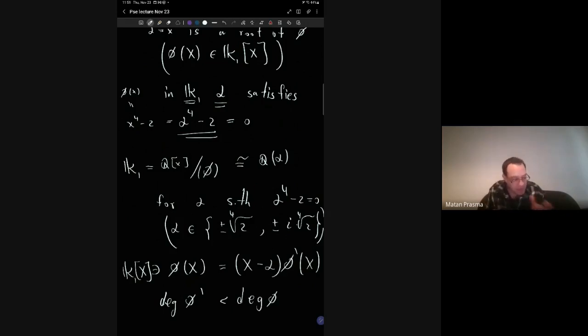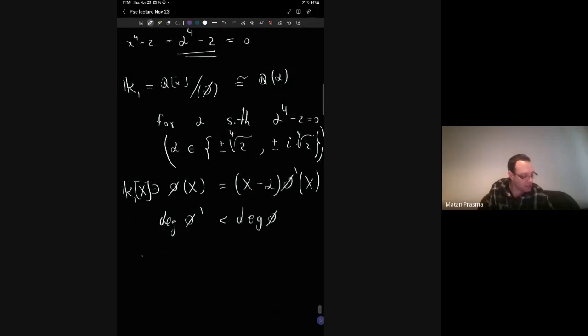It's in fact exactly 1 degree less than phi. Okay, and now I consider K2. Before I consider it, now if phi prime has linear factors, or maybe I could write it like this.